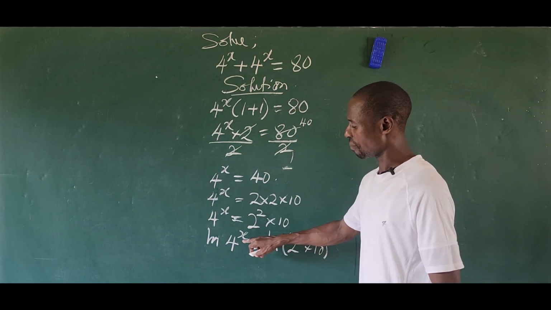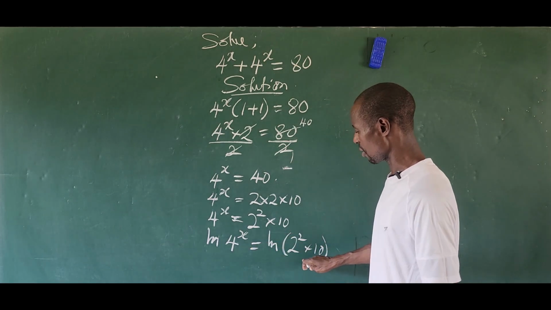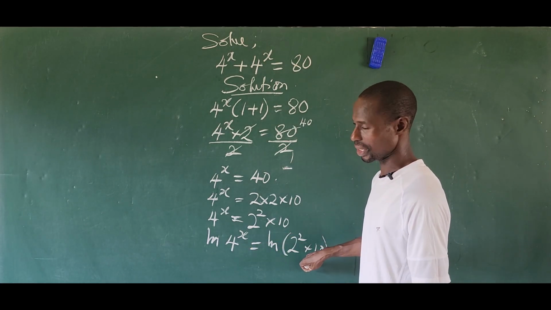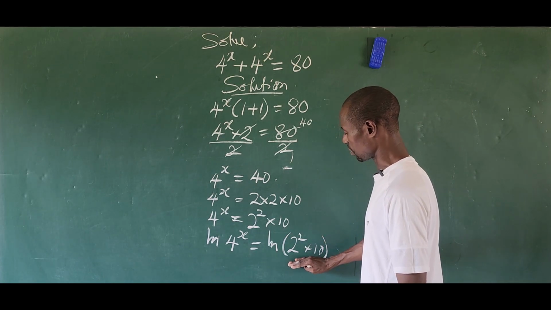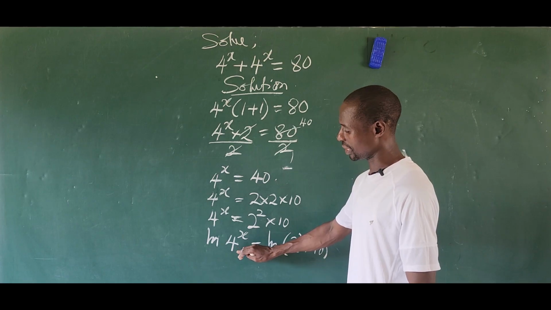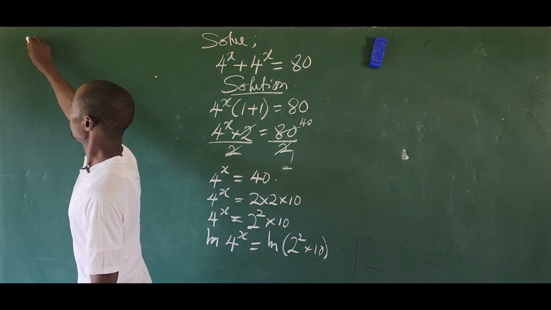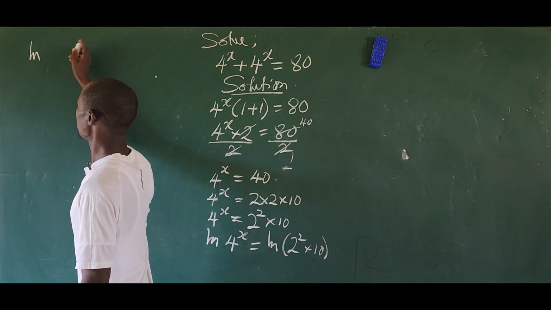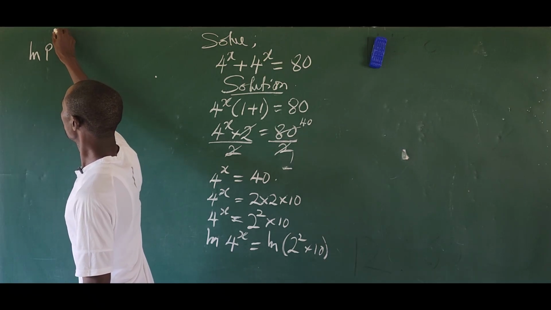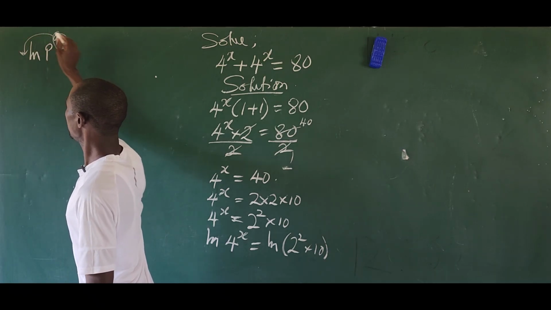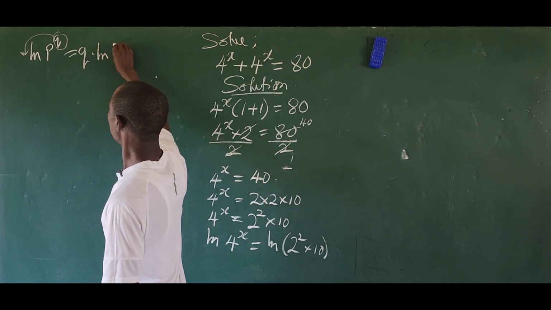Now let's check this out here. We are having a property of logarithm playing out. We call it the power law of logarithm. On this other side, we are having the multiplication law of logarithm and also the power law here. But let's deal with the multiplication law first, and here we deal with the power law. And what does the power law say? It says that if you have ln of p to the power of q, then move this power to this side, and so this is going to give us q times ln of p.